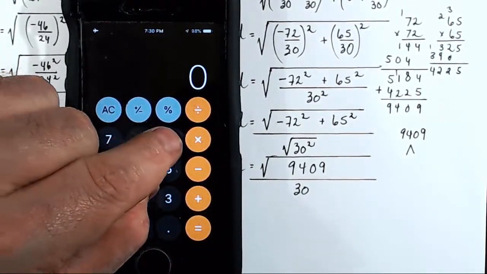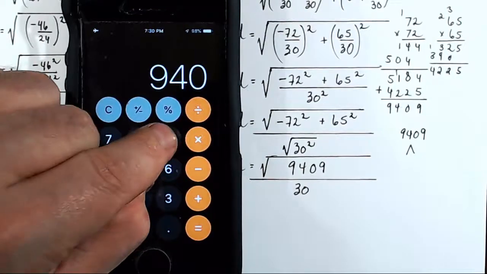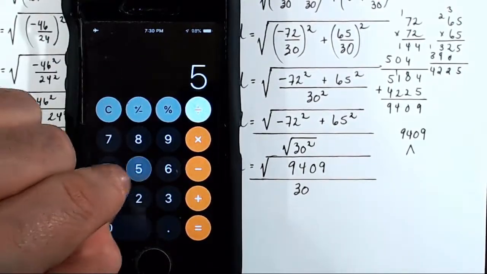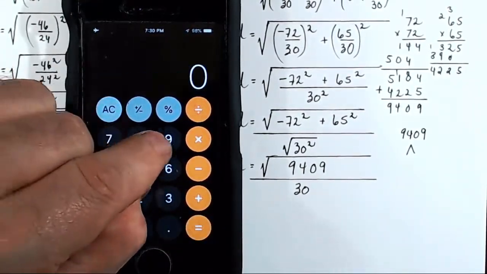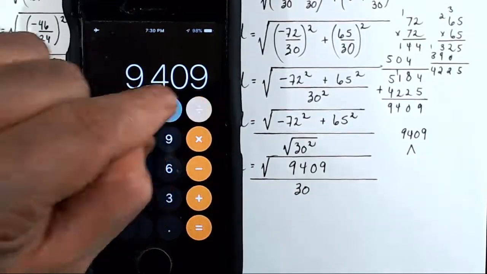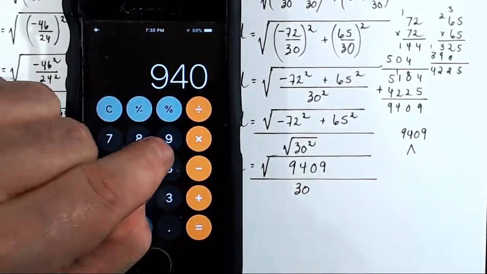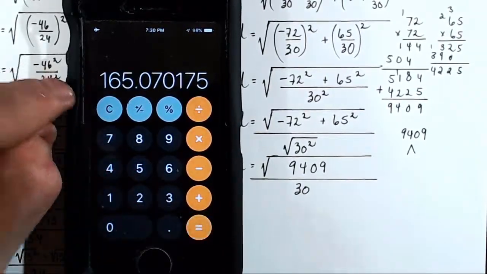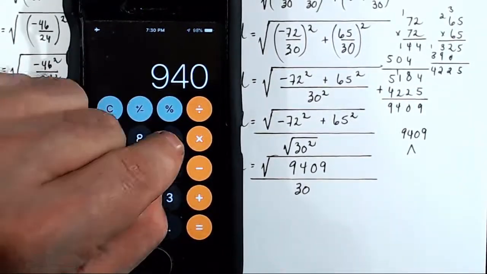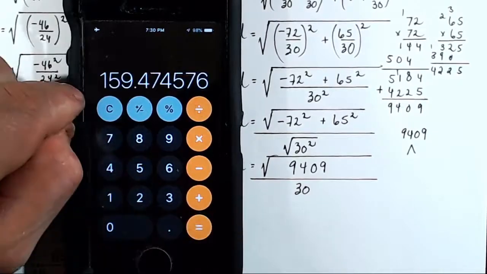I already did that one. 9409 divided by 53. 9409 divided by 57. 9409 divided by 59.